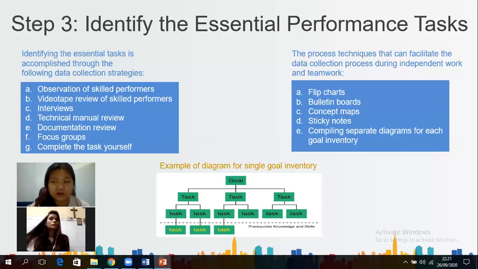The technical manual review is the review of the manuals, and then documentation, and focus groups. And then the last one is complete the task yourself. Okay.